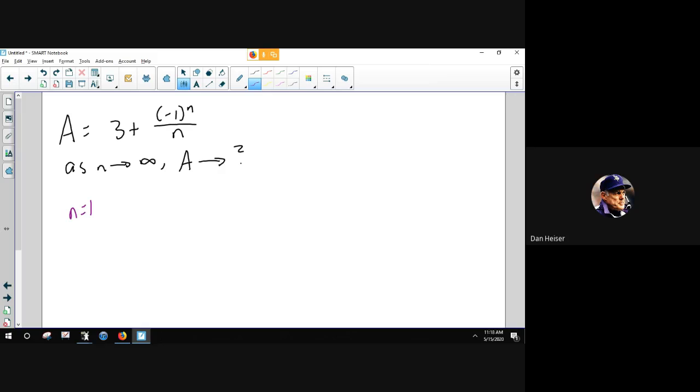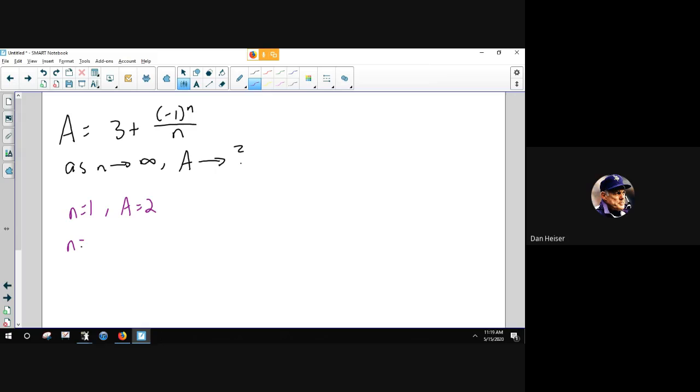When n equals 1, we get -1 to the first, which is -1, divided by 1 is -1. 3 plus -1 is 2.